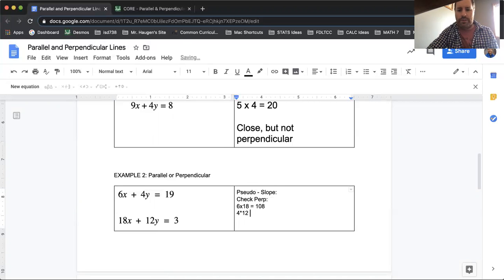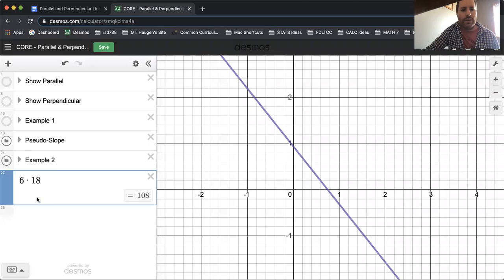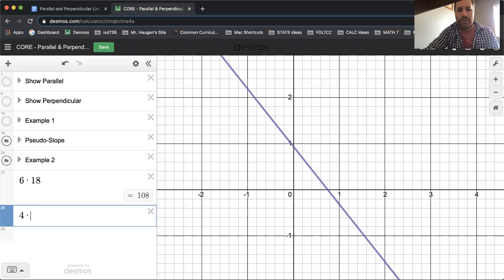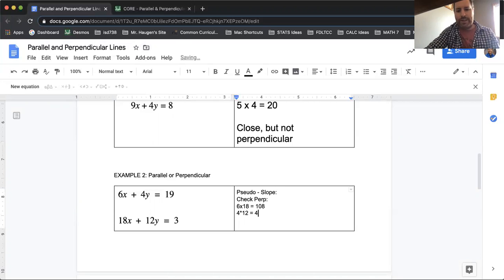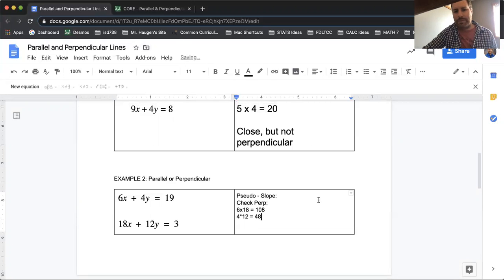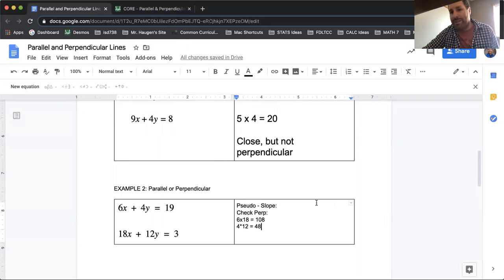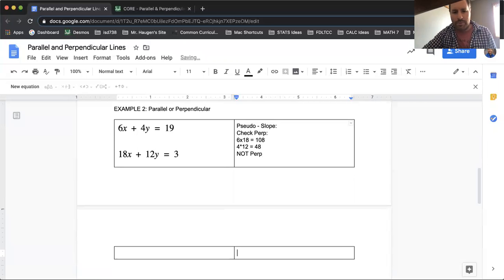It equals, and I know I put a different multiply sign in there. It's the same type of thing. 4 times 12 is 48. So those are definitely not perpendicular because, again, they should have come out to be the same thing, one positive, one negative. So not perpendicular. That's how I'm going to abbreviate that.